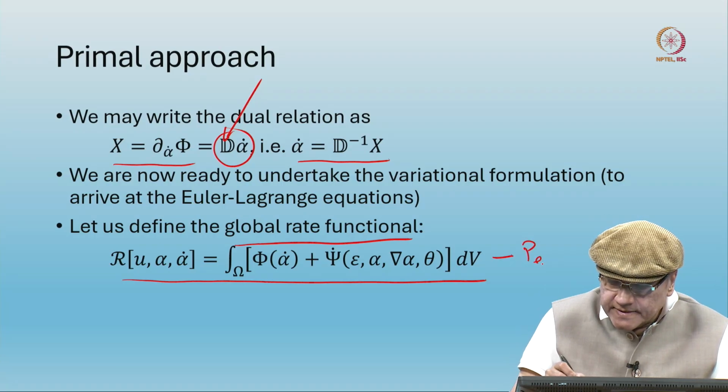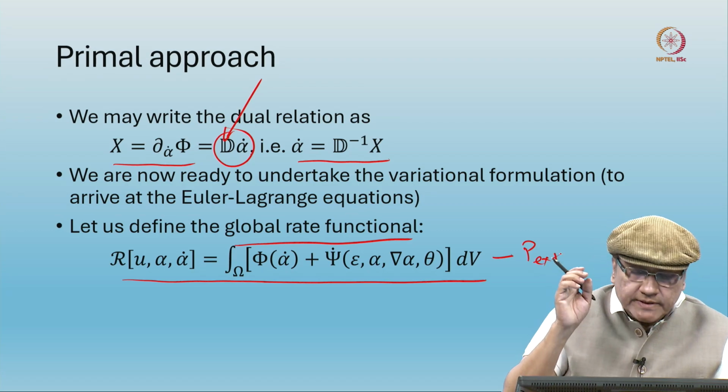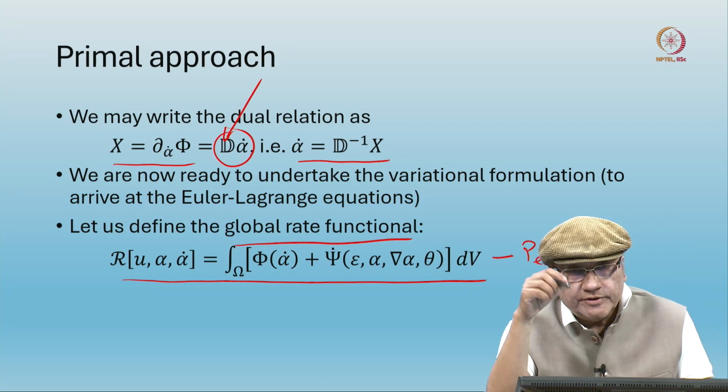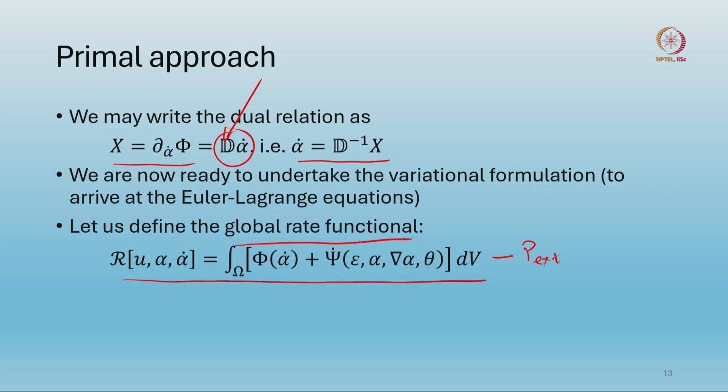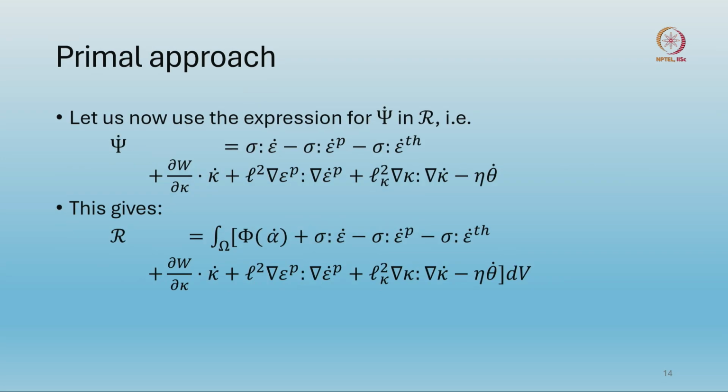This was missing, I am sorry, but it has to be added, otherwise you won't be able to recover things properly. So that is the global rate functional: basically the integral of the local rate functional modulo this extra addition.